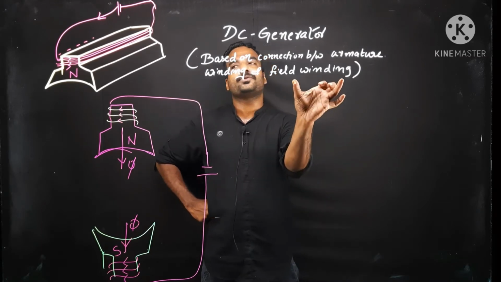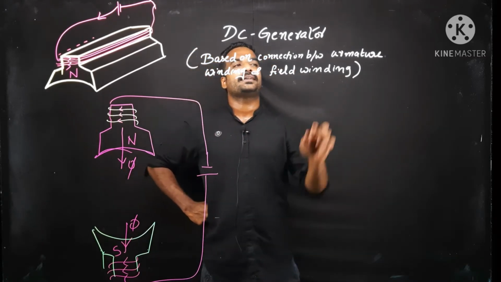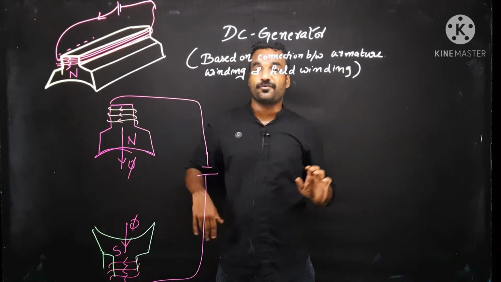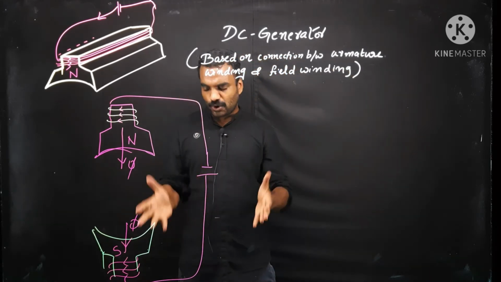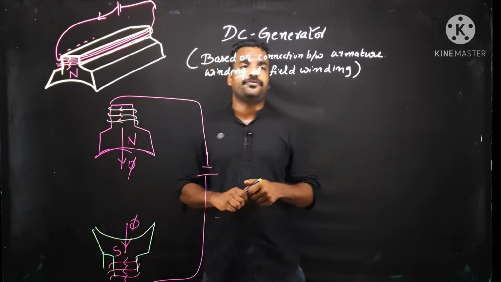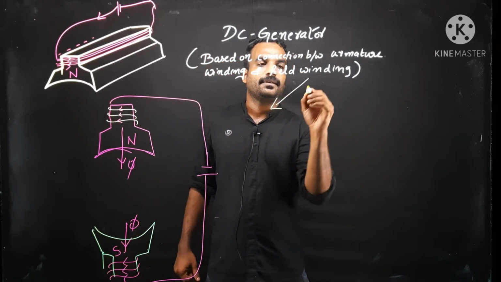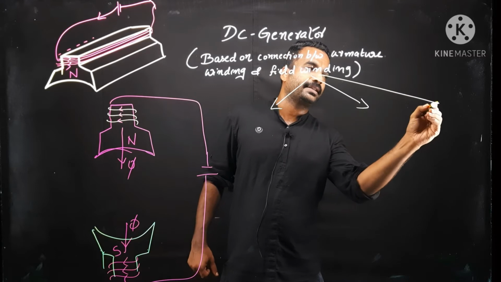Then that DC should be given to the field winding, so a connection is needed in between armature winding and field winding. Based on that connection, we are classifying DC generator as three types.